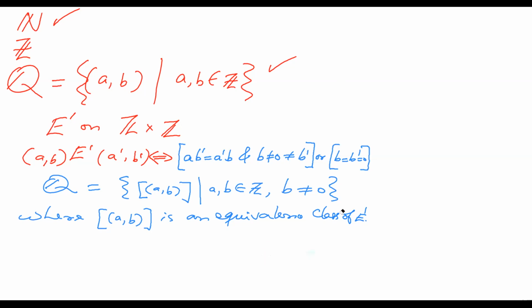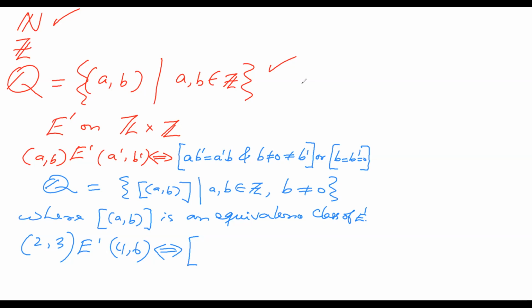Anyway, let us see here. What time is it? 8:30. So here we have 2/3 is related to 4/6 if and only if, well, B is not 0, B prime is not 0.